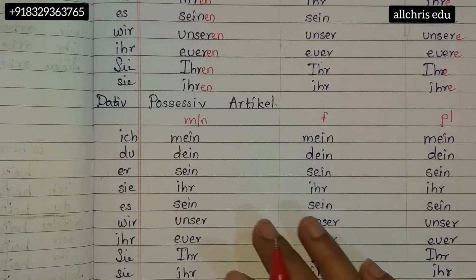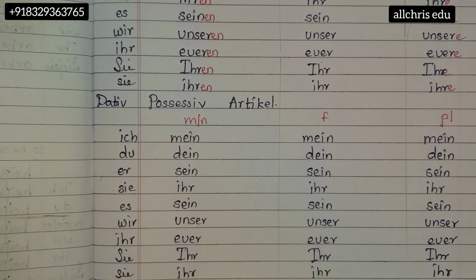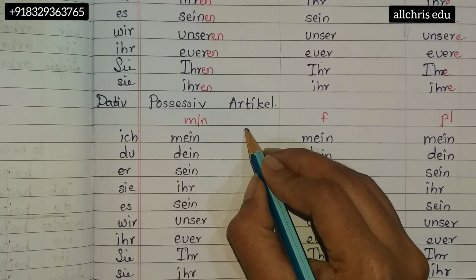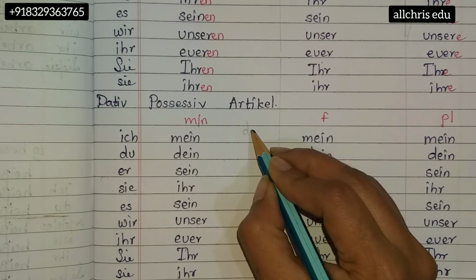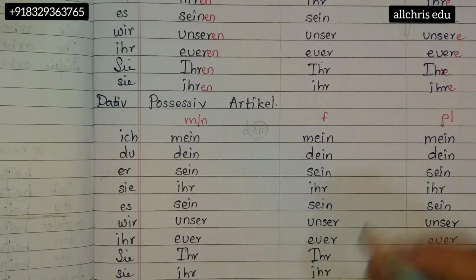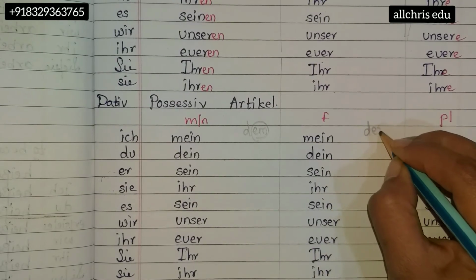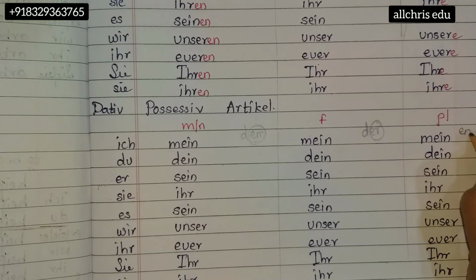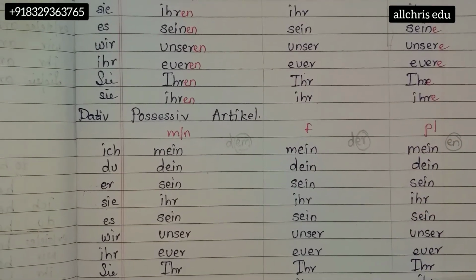Yeah. Now, what about the ending? So if you observe the bestimmt article endings of male, it is dem, mango, and here it is der, rabbit, and here it is in the plural den, and for number en.